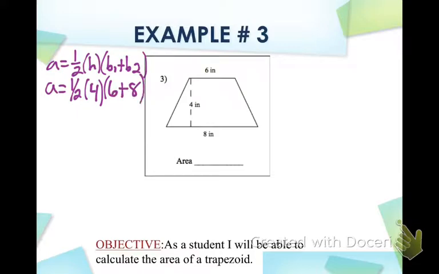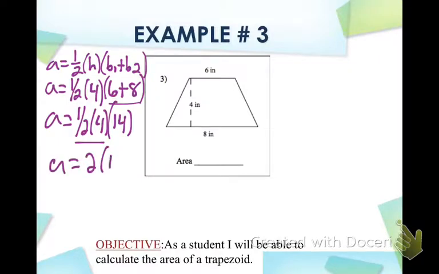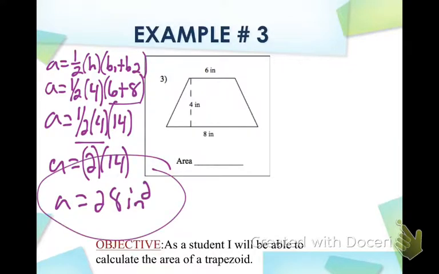Look at that. 6 plus 8, I'm going to do that first because we do the order of operations. We have 1/2 times 4 times 14. Go ahead and multiply 1/2 times 4. That would give us 2 times 14. And 2 times 14, our area equals 28 inches squared. Nice job. Okay, area equals 28 inches squared.